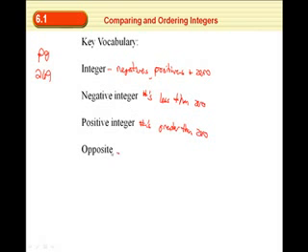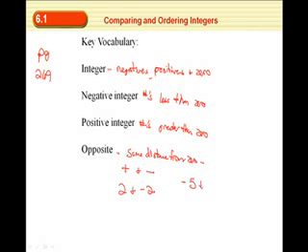And opposites, when we're dealing with our numbers here, opposites are numbers that are the same distance from 0 on the number line. Just one is positive and one is negative. Those are the opposites. So an example of an opposite would be 2 and negative 2. Negative 5 and positive 5. Those are opposites of each other.